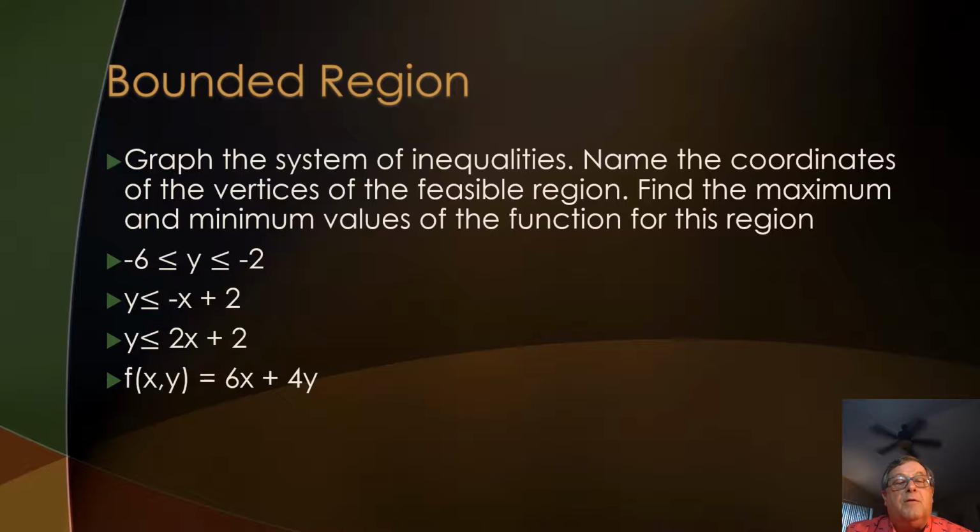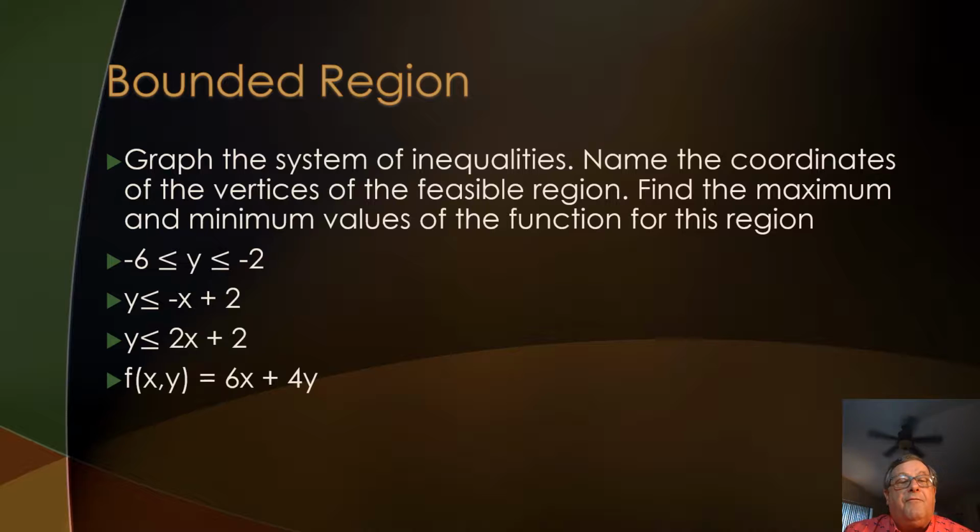We've got a system of linear inequalities where -6 is less than or equal to y, and y is also less than or equal to -2. And then we've got y is less than or equal to -x plus 2, and y is less than or equal to 2x plus 2.